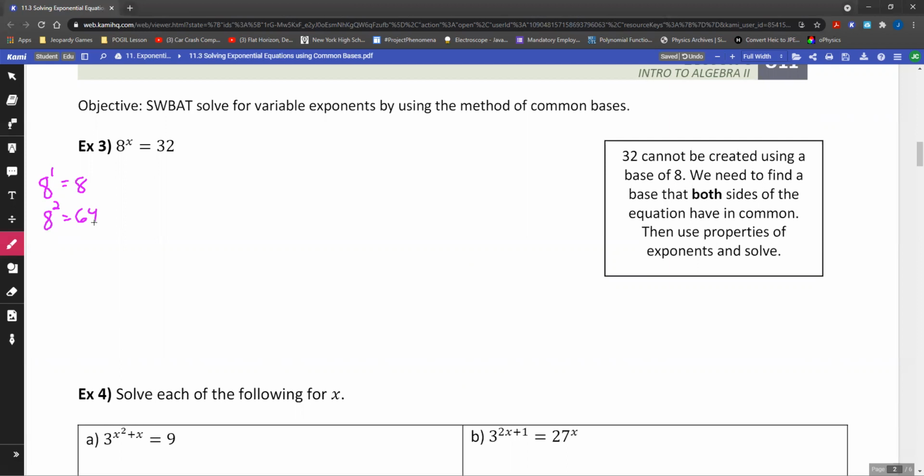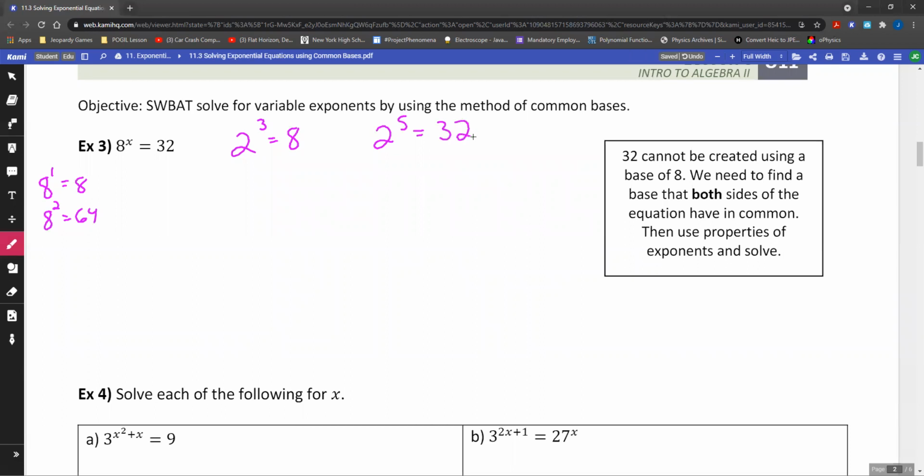This actually requires you to know your powers of fairly small numbers. Powers of 2, powers of 3, powers of 4. 2 to the third power is equal to 8. And I can do the same thing for 32. 2 to the power of 5 equals 32.